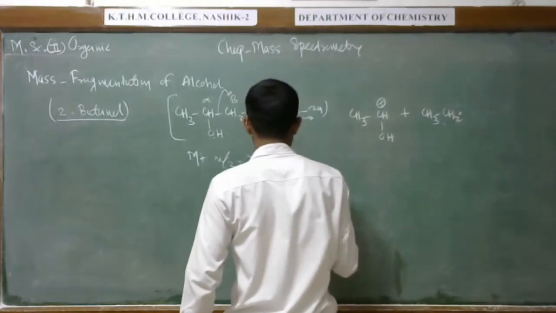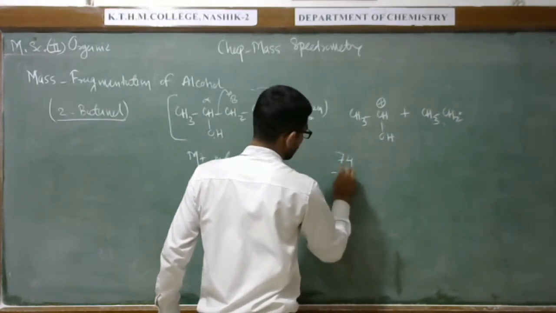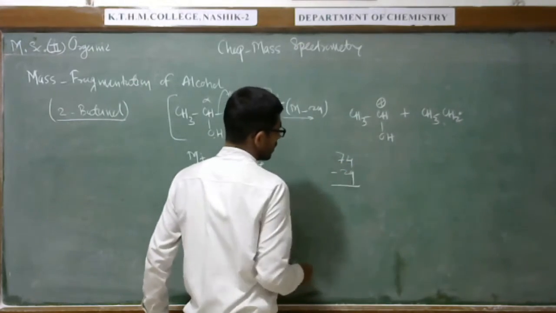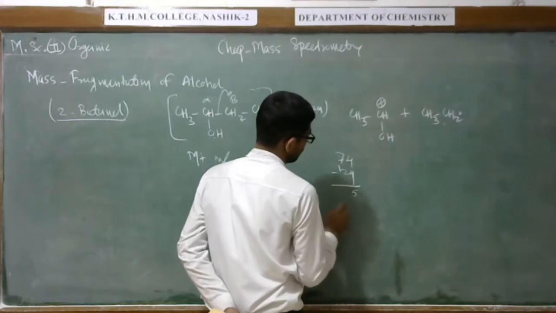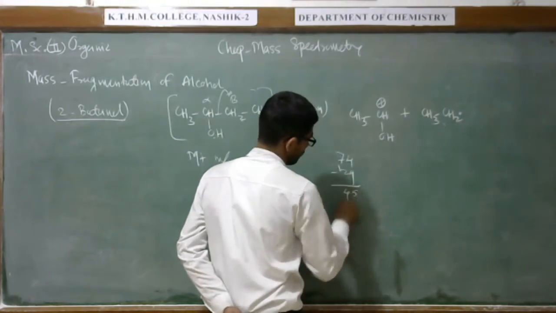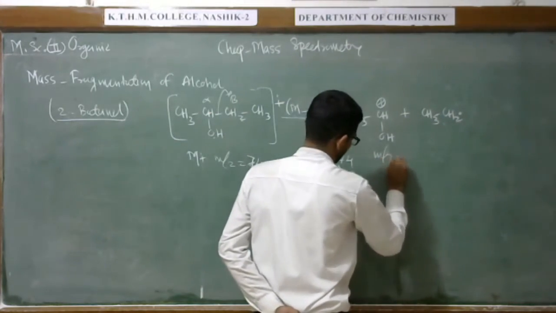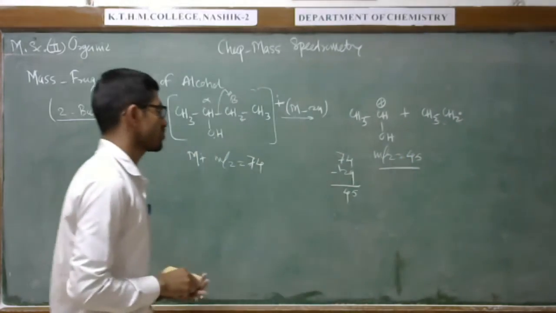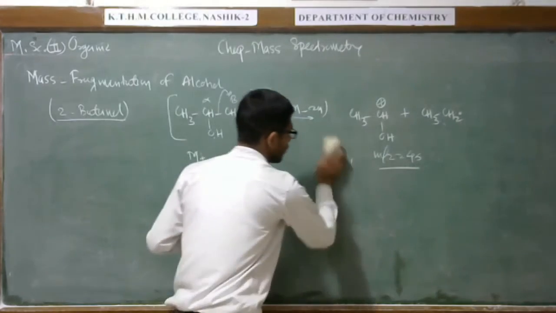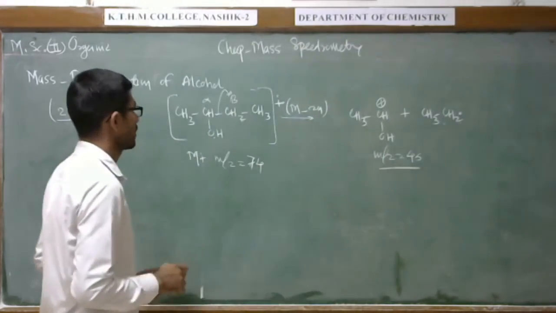So M minus 29, 74 minus 29, this value comes out to be 45. At this mass to charge ratio we can observe the peak because of alpha fragmentation.